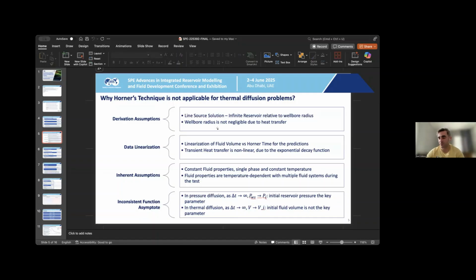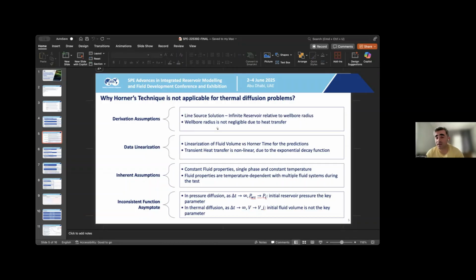Number one is probably the data linearization, because during the liner inflow test, what we are doing is assessing if there's continuous flow, or if the flow is going to cease. Basically, the flow during the liner inflow test is due to thermal expansion, and thermal expansion is heat transfer. Transient heat transfer is not linear.